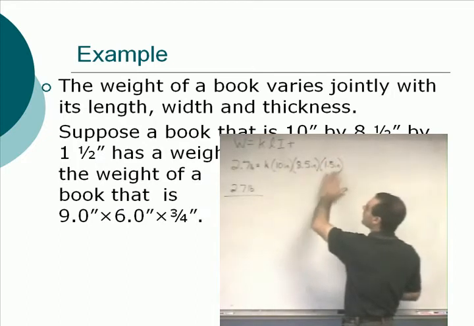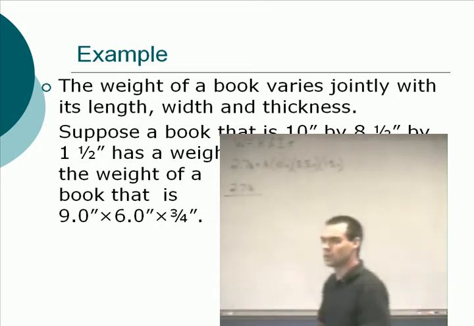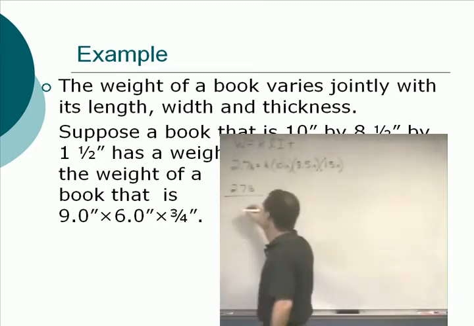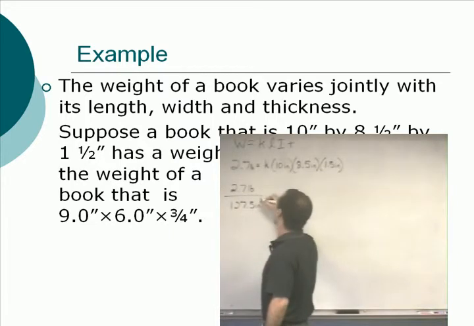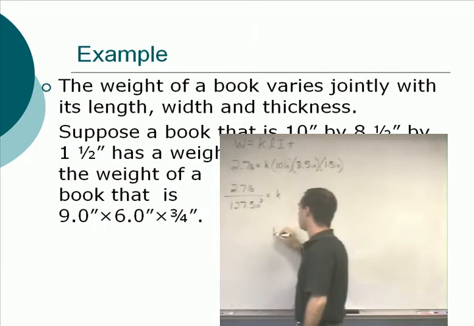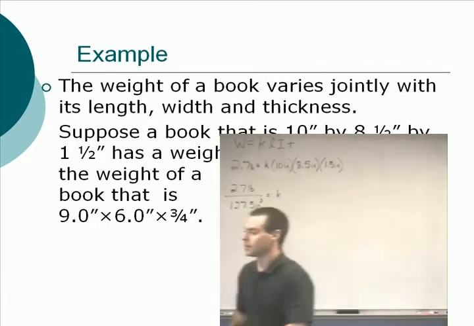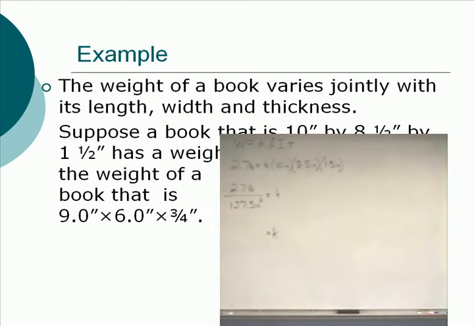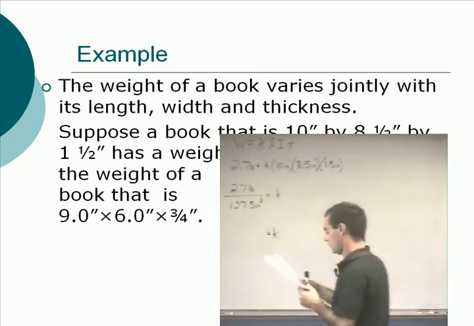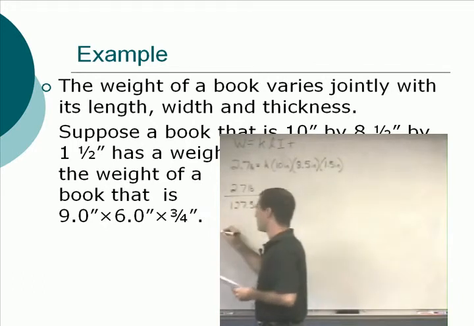If you multiply these together, you get 127.5 inches cubed. And that's equal to K. Now if you divide that, you get a K value of 0.0212.